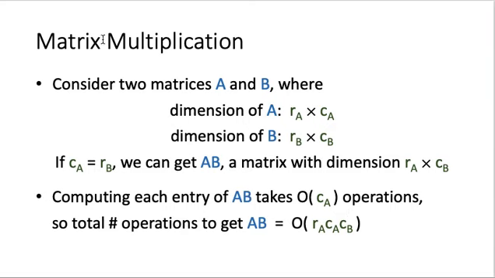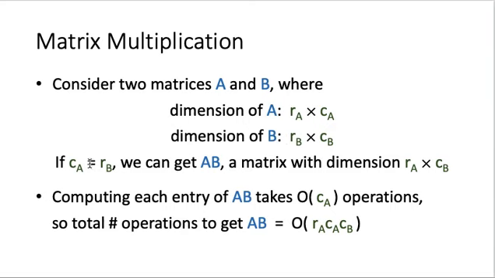First of all, let us review what is meant by matrix multiplication. So we have two matrices A and B. The dimension of A is RA times CA, where RA is the number of rows in A and CA is the number of columns in A. And similarly, the dimension of B is denoted by RB times CB.